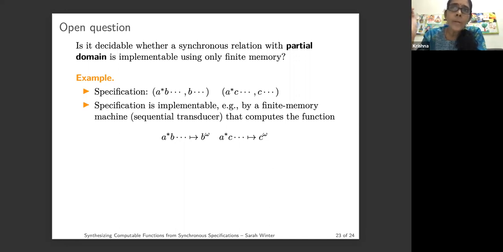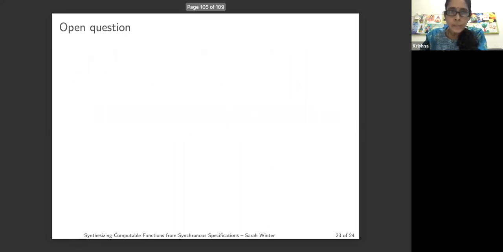Now maybe an orthogonal class could be aperiodic rational functions, which correspond to aperiodic one-way transducers. The reason I'm wondering is that you already have a result in the finite word case, which you extended to the infinite case for rational functions. So this 2014 result was basically for the finite word case, but for rational functions.